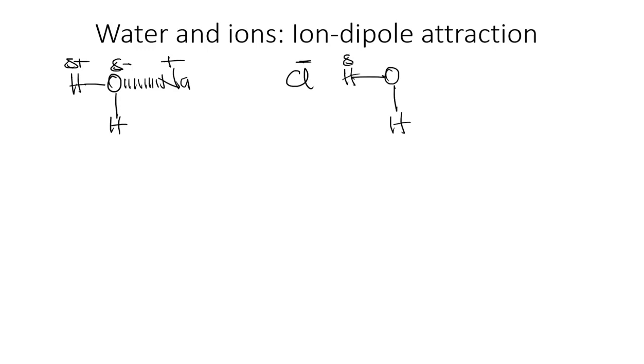This is partial positive, this is partial negative. The chlorine is also going to be attracted to the hydrogen. So there is interaction between water and ions.